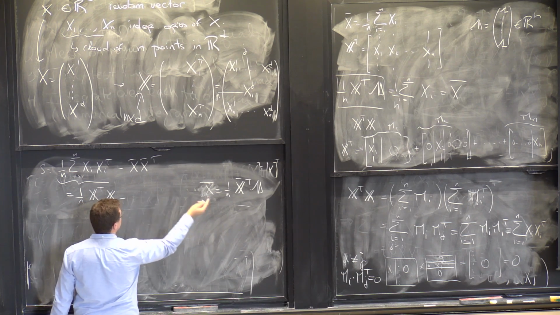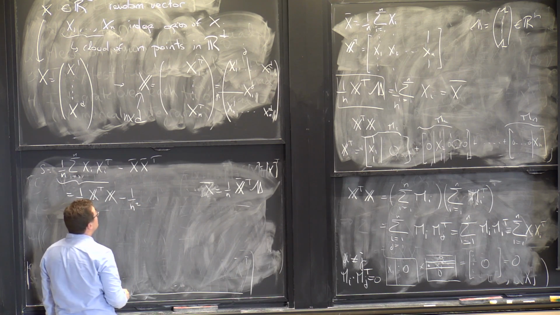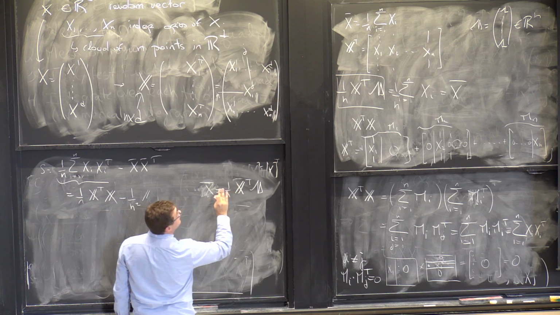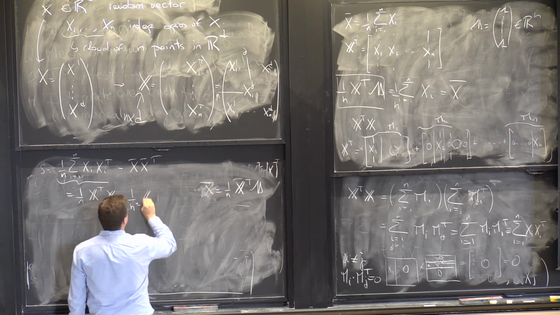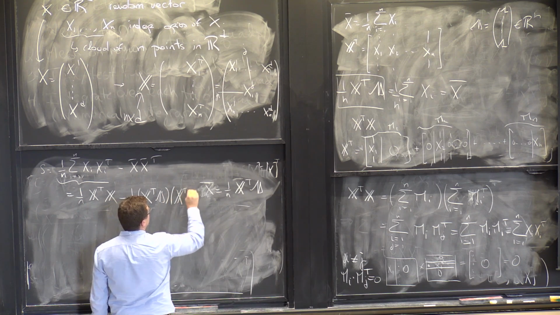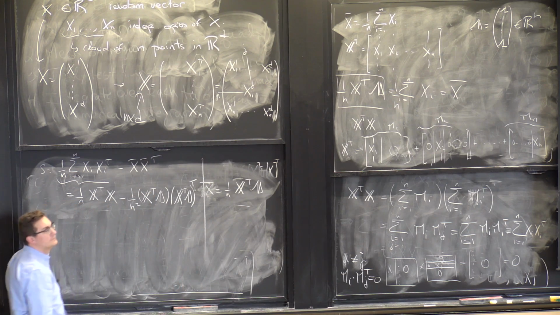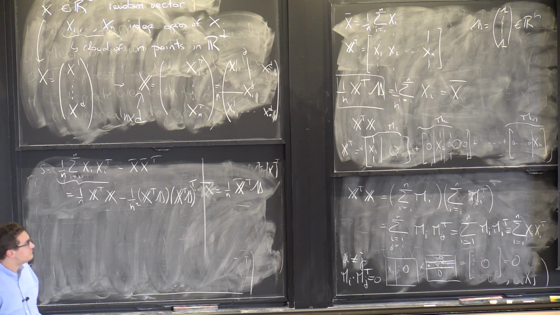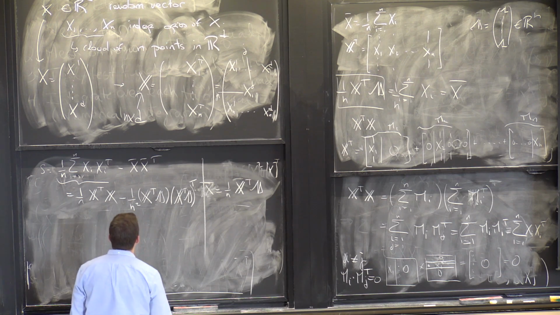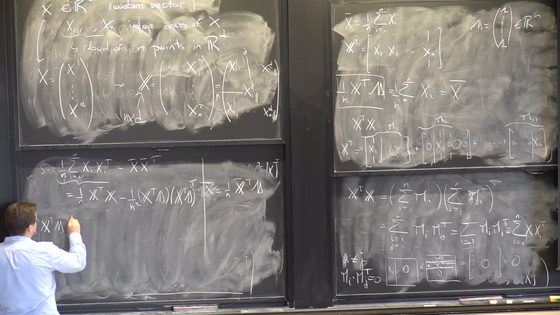I'm going to pull my two 1 over n's, one from this guy, one from this guy. So I'm going to get 1 over n squared. And then there's no x bar here, it's just x. x transpose all ones times x transpose all ones, transpose. Right?